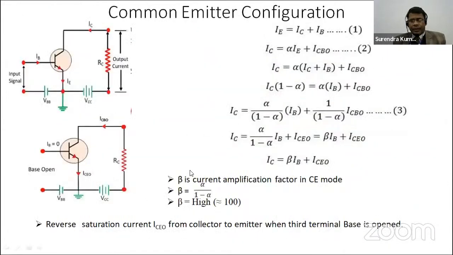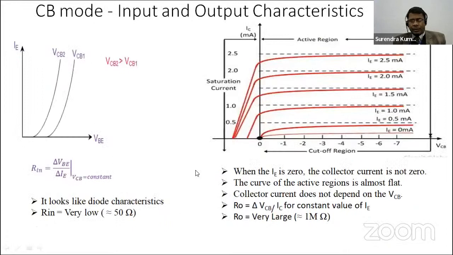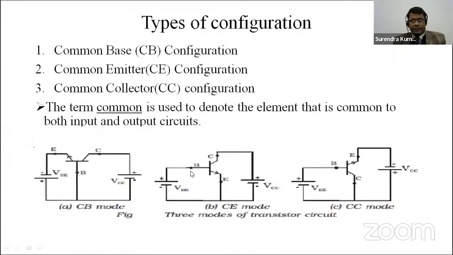Common collector configuration. In common collector configuration, the emitter current is our output current, as we have discussed in the starting. The level of this current IE is just equal to the collector current.